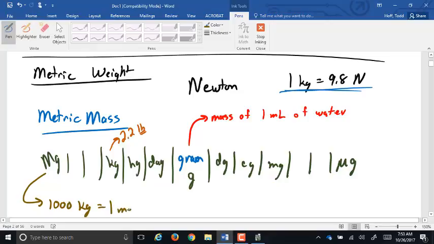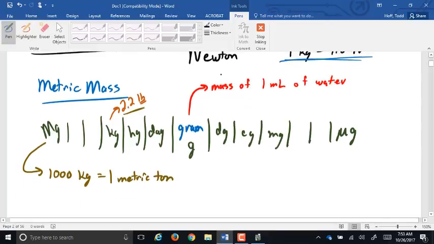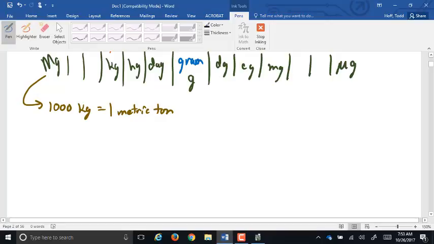And that is what they call 1 metric ton. Now at 2.2 pounds per kilogram, that's about 2,200 pounds in a metric ton, which is 10% more than our standard net ton. But it's close enough to allow for trade between countries and not get too much confusion when we're talking about a ton. Most of the time when you hear commodities trading on the news, on the radio or whatever, they talk about whatever they're selling for so much a ton, they are talking metric tons.